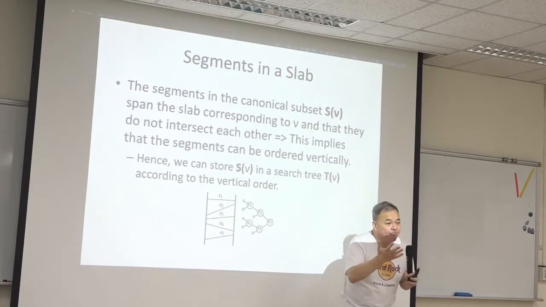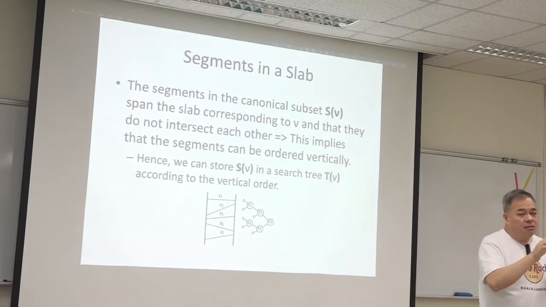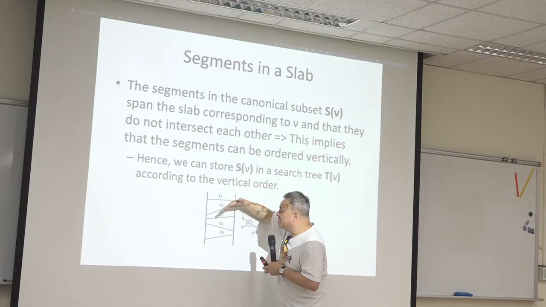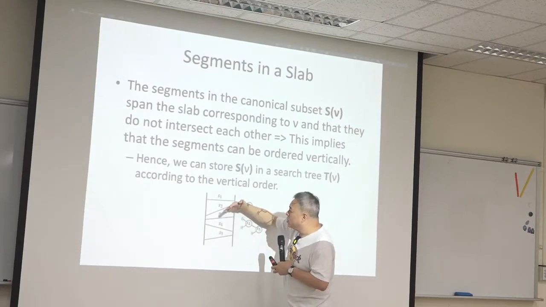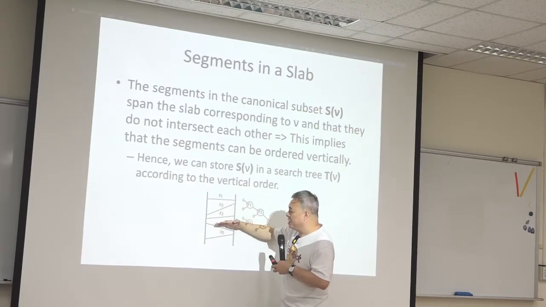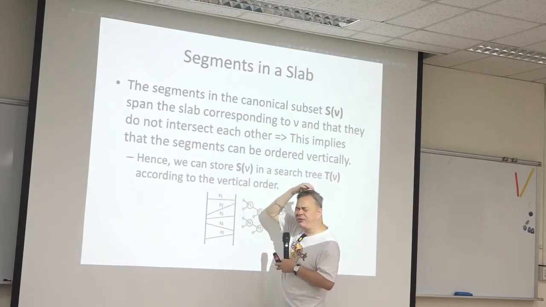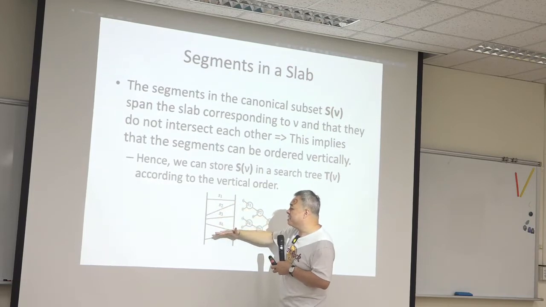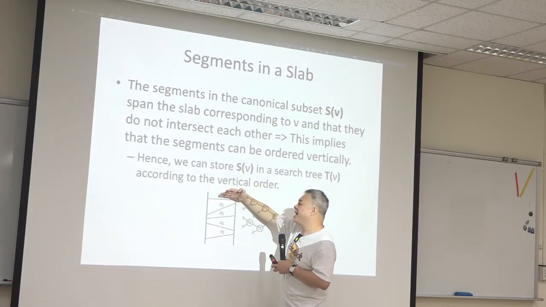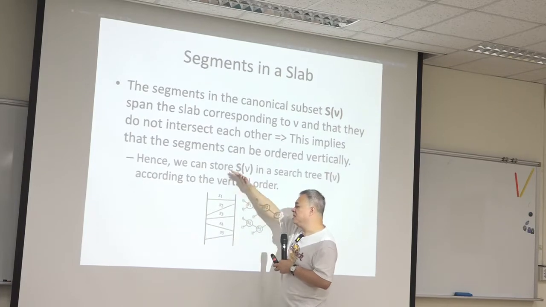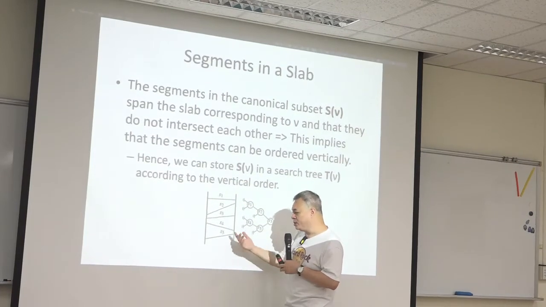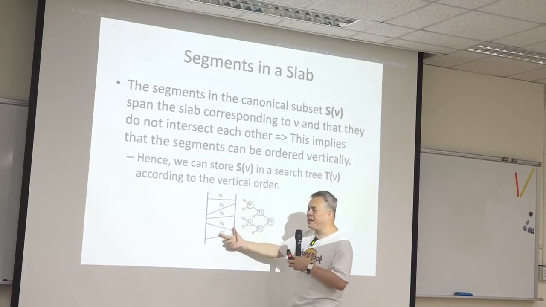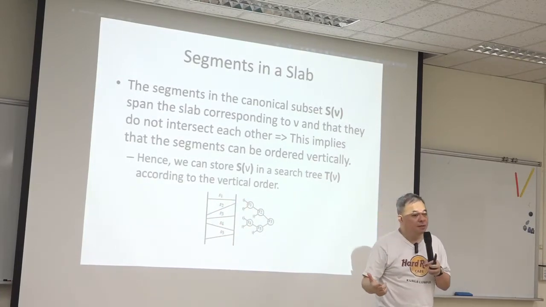Because they are disjoint, they do not intersect, they sort of divide this slab, and you can treat it as there's an ordering from top to bottom.